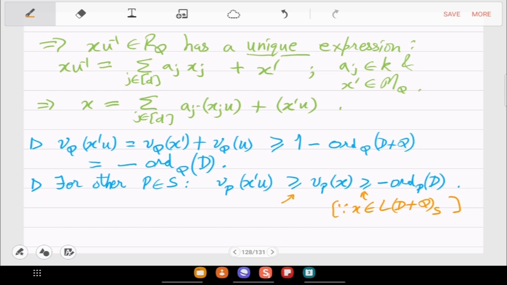But how do we know the valuation of x prime u, which is x minus the summation over j of a_j x_j u? That part is fine, but how do I compare the valuation of this with x? It has to be greater than both, right? No, it's not greater than both. It's at least the minimum.